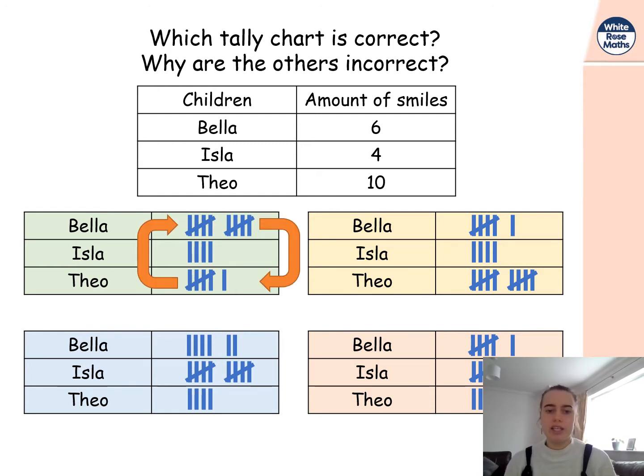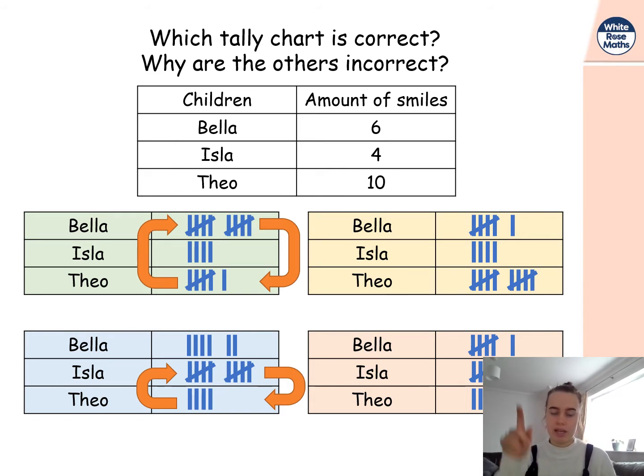Okay, so this first one is incorrect because they have confused Bella and Theo's answers. They've given Bella 10 and Theo 6 when it should have been the other way round. This bottom one is wrong because they've given Isla 10 and Theo 4, which should have been the other way round. And they also have not crossed over on Bella's 5. So if you notice, she's got 4 and then 2, which does give us 6.